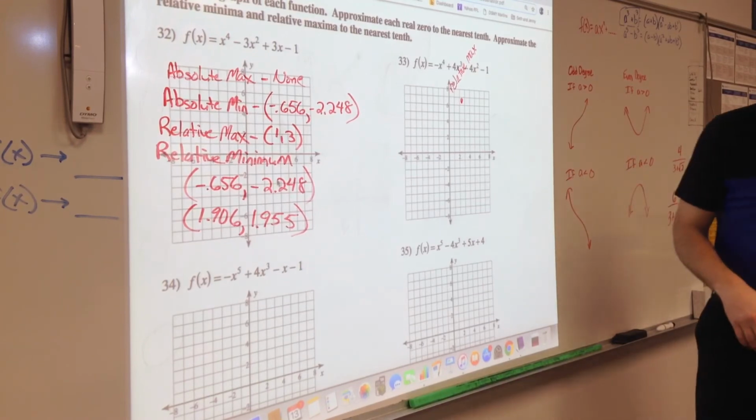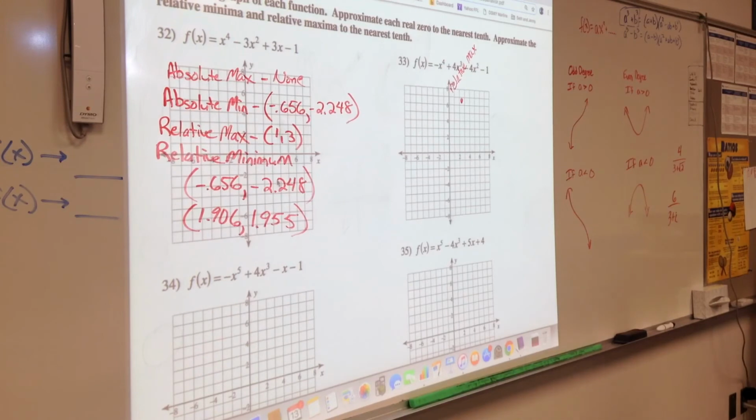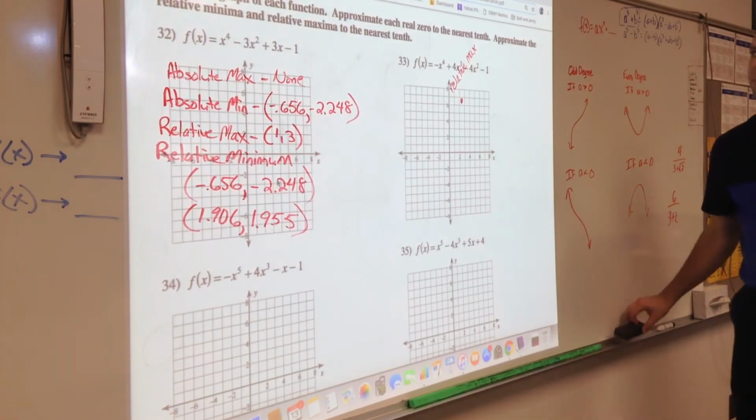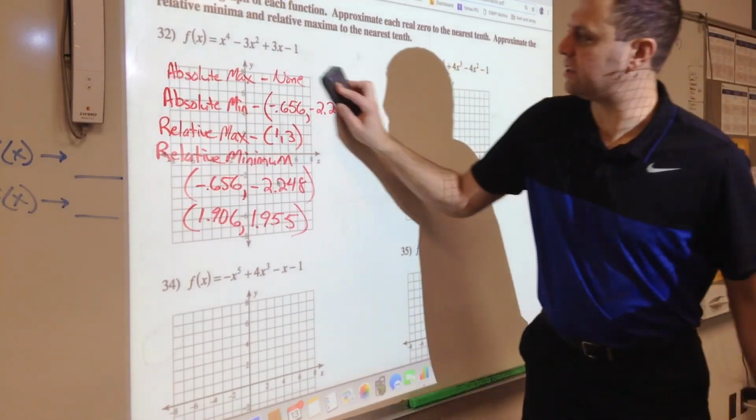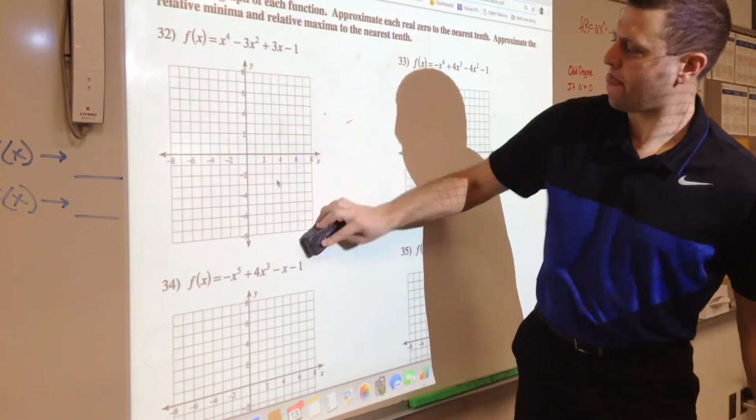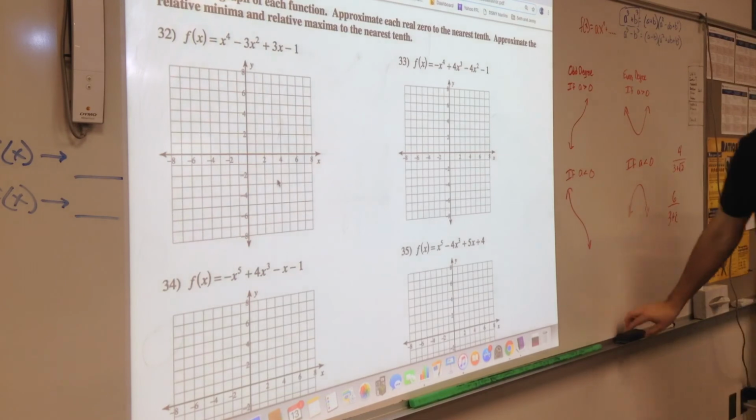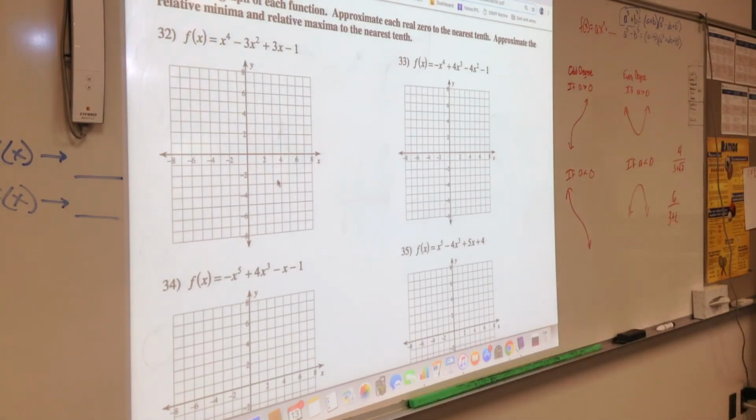Unfortunately, I don't have physical paper copies for you, so you might want to either draw your own, or you might want to use some of this graph paper, whatever you want to do. But I want you to do these 5 problems that are on this document. You can find this document on Schoology.